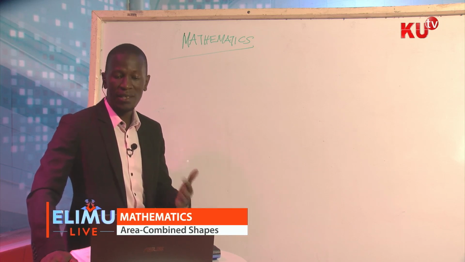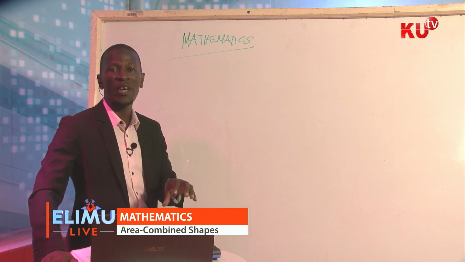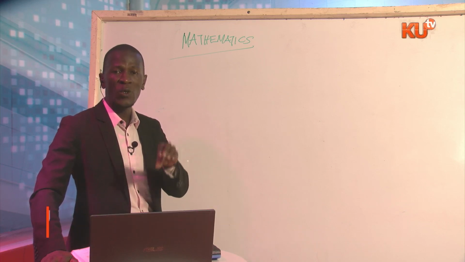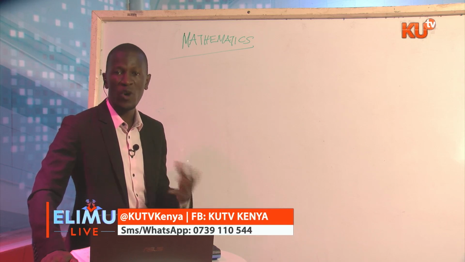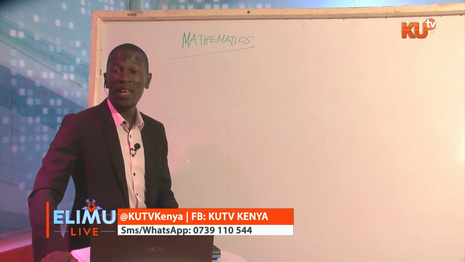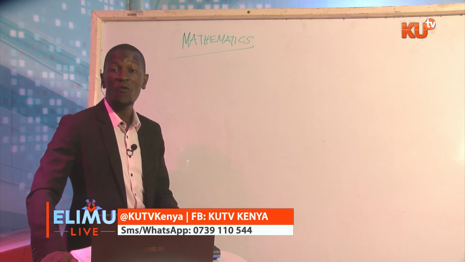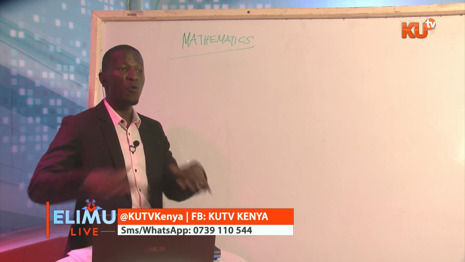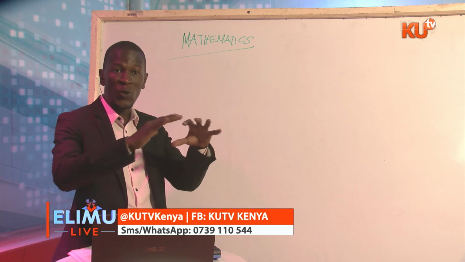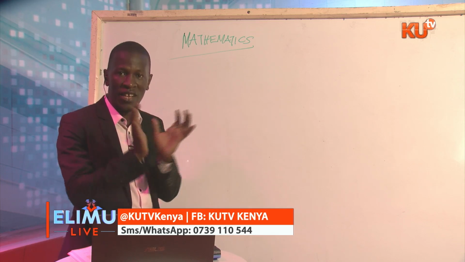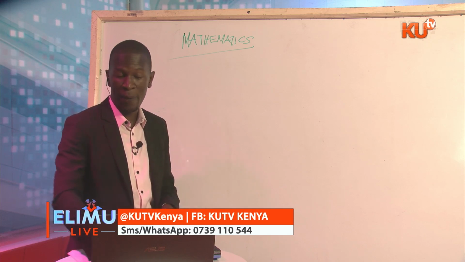Again, when building, they need to know the area of combined shapes in order to know how many tiles will fit the house depending on the shape of the house. As well, you need to know it to help you know the amount of paint for a room. If you want to paint your room, depending on the shape of the room, you need to know the area of that surface in order to know the amount of paint which you'll require.